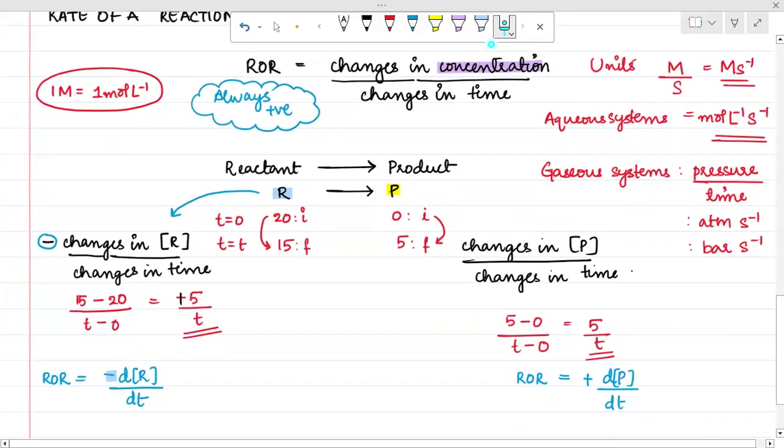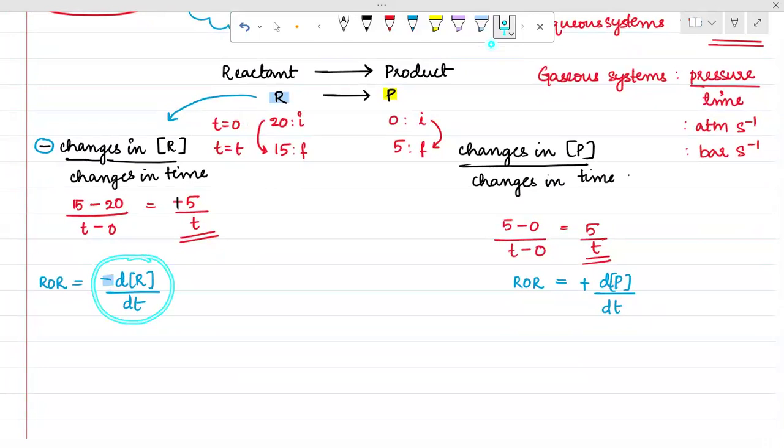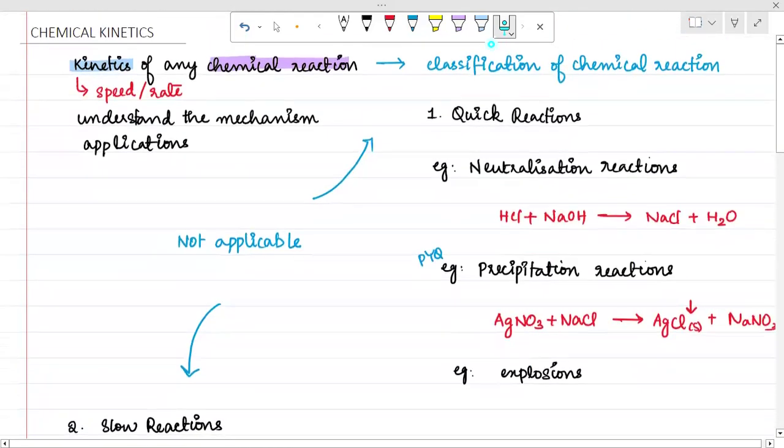So in order to make it positive, we add a negative sign to the expression where the reactant is there, because as time proceeds, the reactant concentration is decreasing. So the rate of the reaction is minus d[R] by dt. And for product, it is just d[P] by dt. Okay, so this is how you calculate and determine the rate of the reaction.